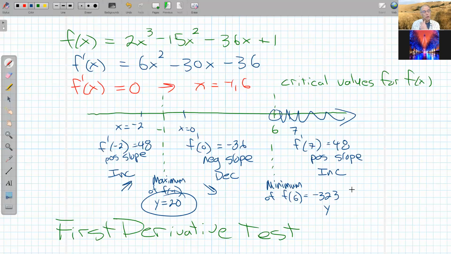Now, the other thing to find out is whether it's local or absolute. We can see from the graph that these are local maxes and mins, and the real test for that is, on this interval over here, we would want to check the limit as x goes to infinity of f of x, which we'll look at in the next section.